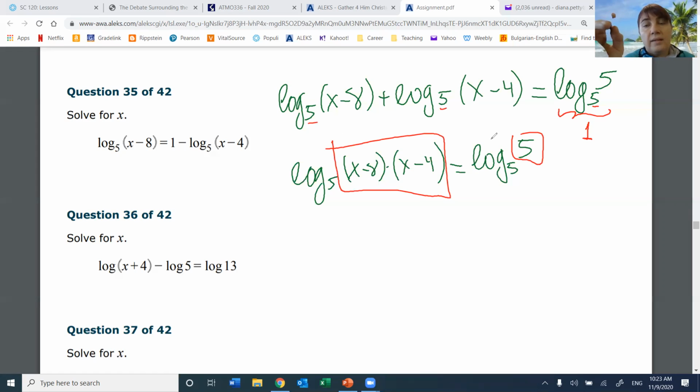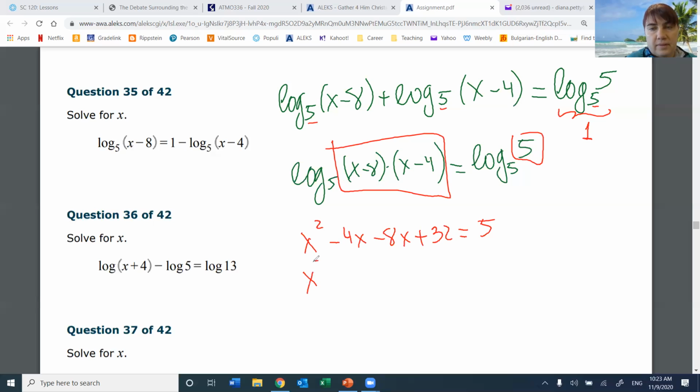Now we need to distribute, because we still need to find x. This is going to turn into a quadratic equation: x squared minus 4x minus 8x plus 32 equals 5.